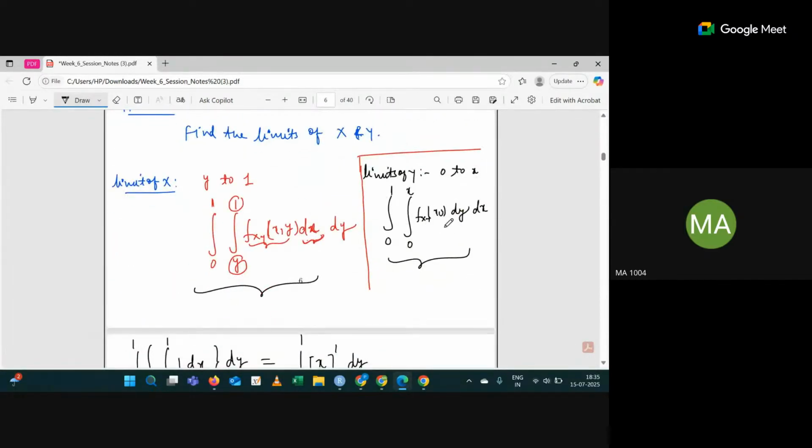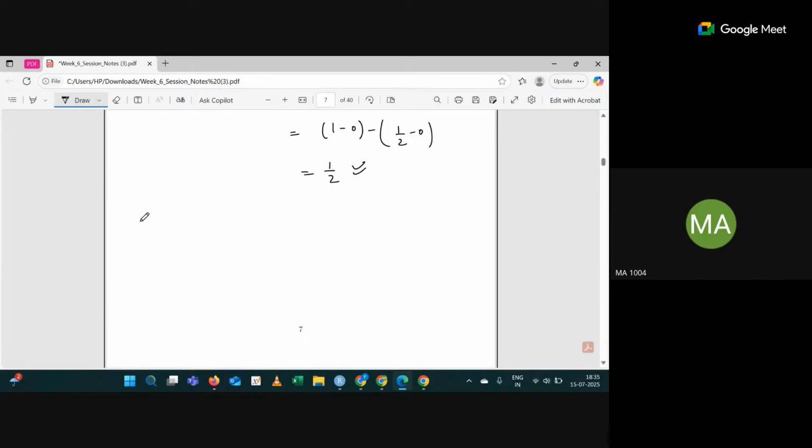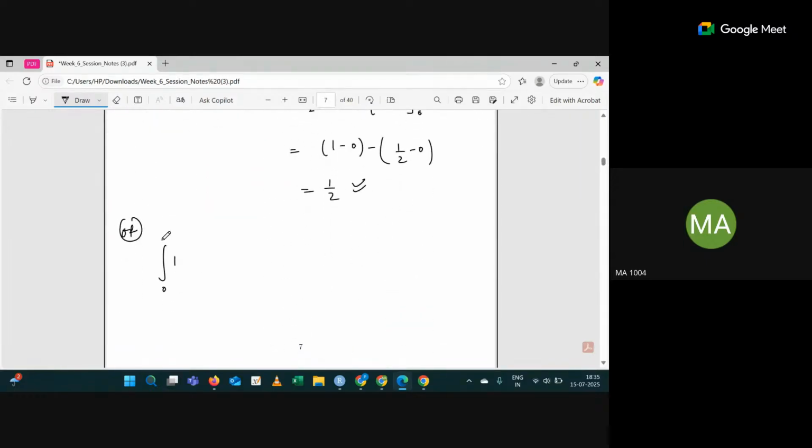Now let's cross check whether I'm getting the same answer with this integration or not. So I can start with this part. f(x, y) is 1, and what is the limit of y? 0 to x. First I will solve with respect to y, and for the final integral I can keep the same limit, 0 to 1. So it's y from 0 to x, dx, and you solve from 0 to 1.